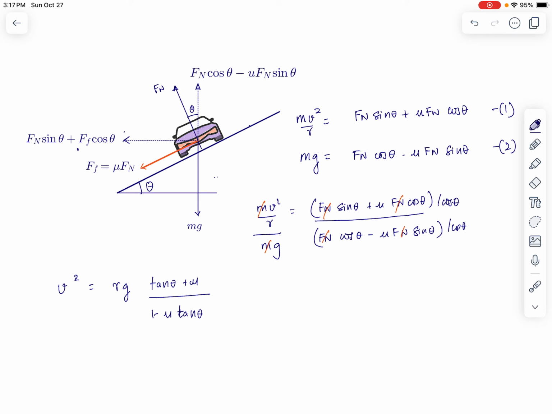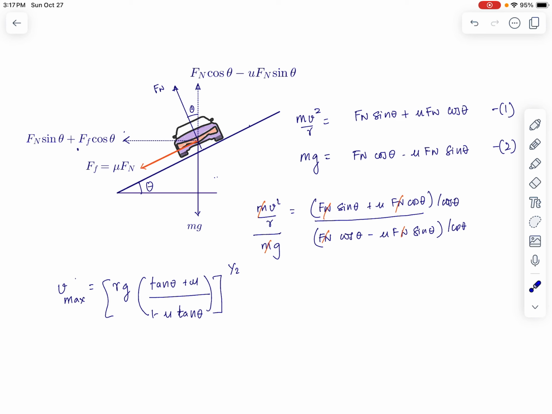And if we take out the square, okay, we can put this in the square root on the right, and that's the expression for the maximum velocity that the ramp can tolerate, okay, without the car drifting upwards.